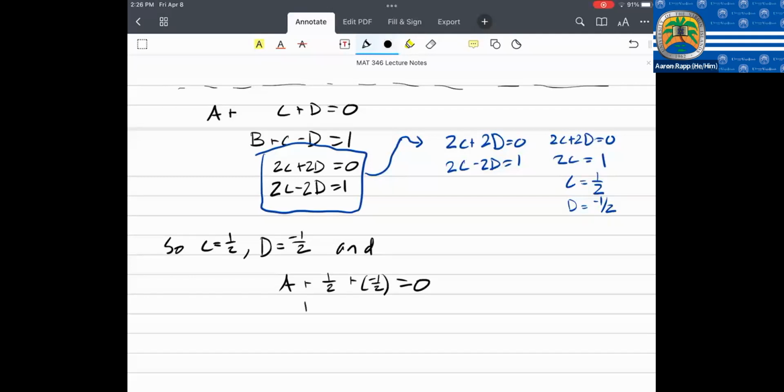And I get B is 1/2 minus -1/2, which also has to be equal to 0 plus... So it tells me A is equal to 0 and B is equal to what? A is equal to 0 and B is equal to -1. If you'd have done a row reduction with that system of equations, you'd have gotten all the same values for A, B, C, and D.